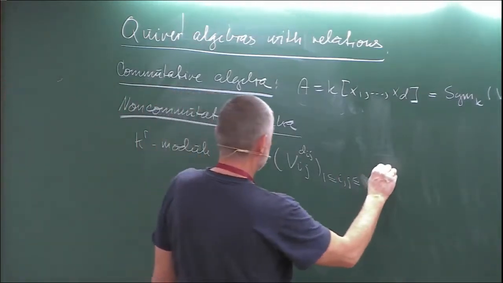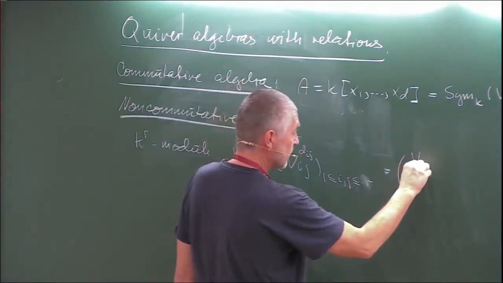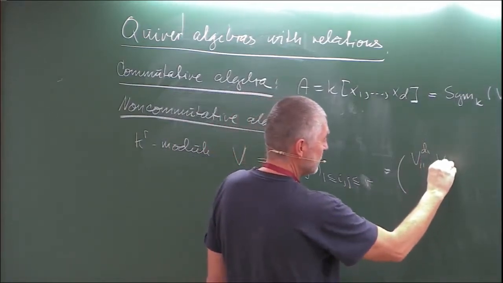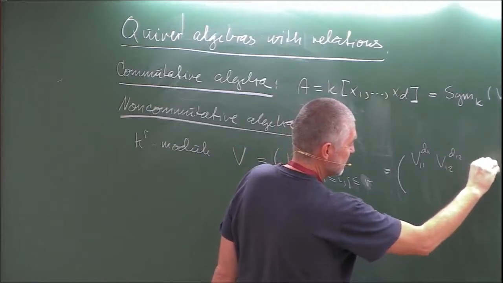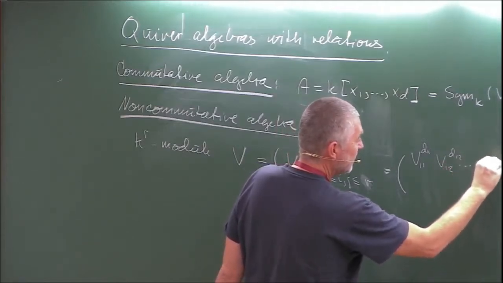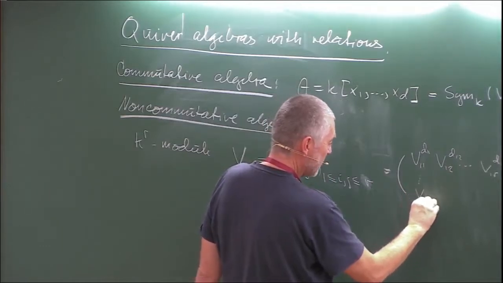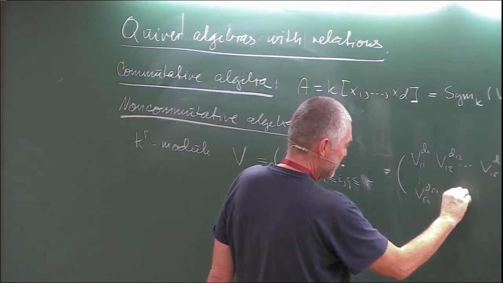Because this is a matrix. It is a vector space V11 with this dimension d11, V12, d12, V1r, d1r, Vr1, dr1, Vr2, dr2.